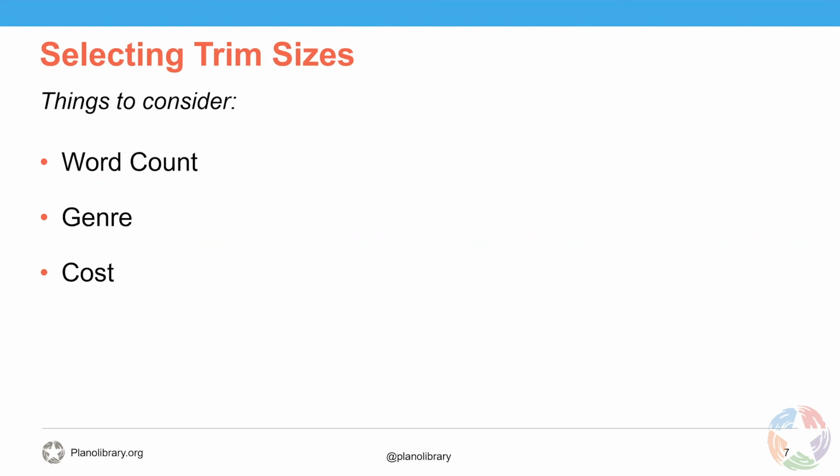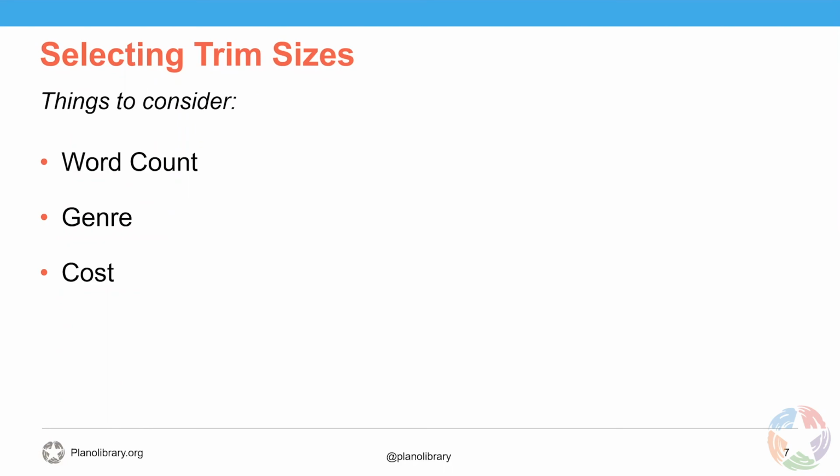So if you have a smaller word count, but you want to appeal to an older age group, you can choose a larger trim size to still appeal as a heftier material. Whereas the same thing with a huge word count, you could go somewhere in the middle in terms of trim size to make it still appear more accessible.